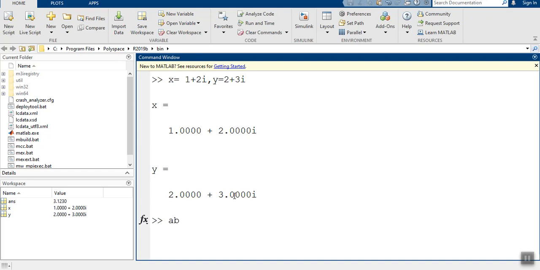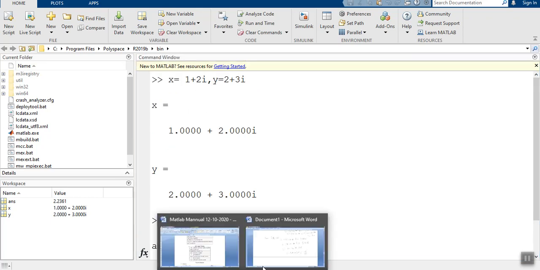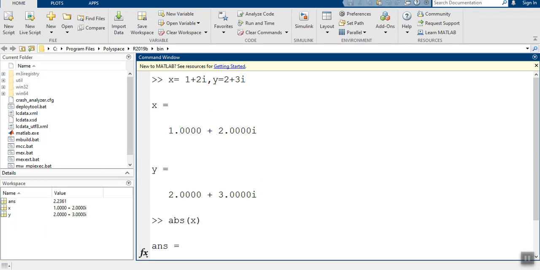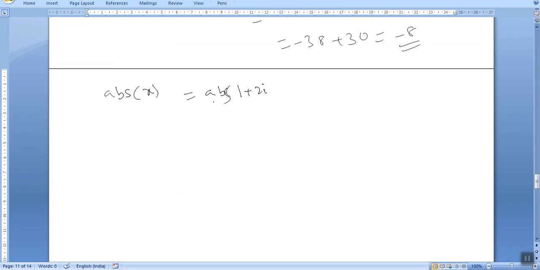Suppose you want to find ABS of x, the absolute value of x, then what is the meaning? x equals 1 plus 2i. ABS is the absolute function. This is nothing but ABS of 1 plus 2i.